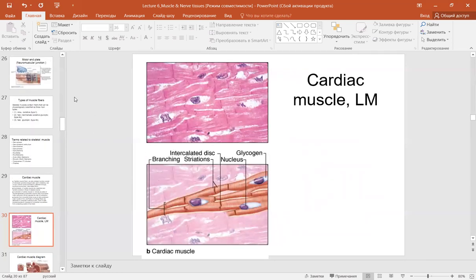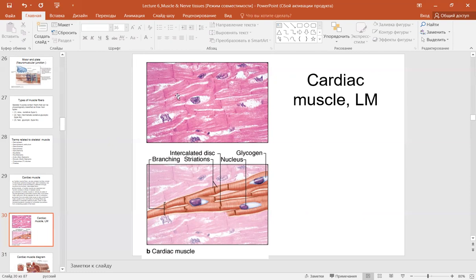Here the light micrographic representation of the cardiac muscle: intercalated disc, the sites where two typical contractile myocardial cells are contacting one another.